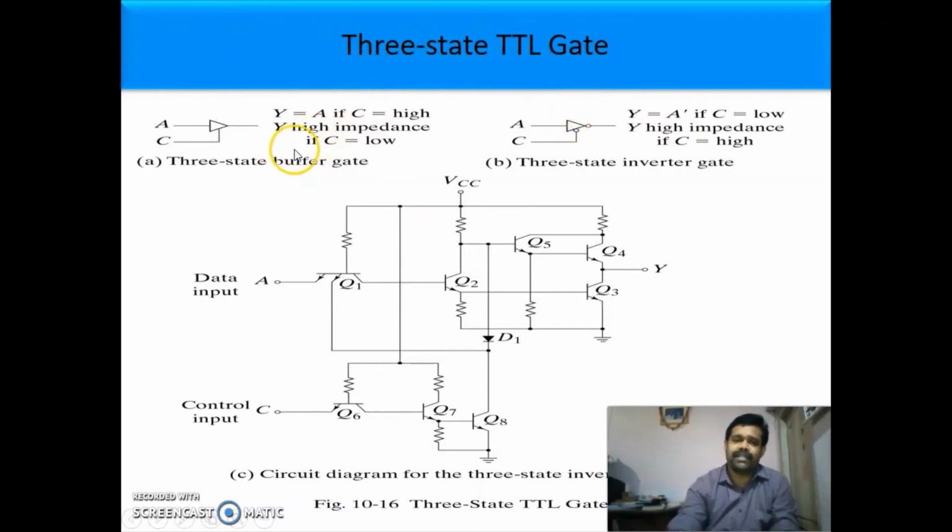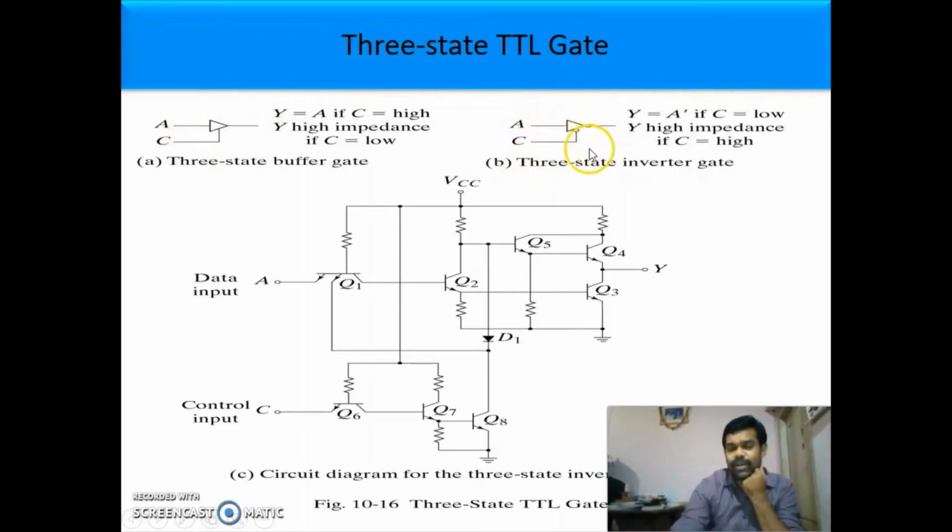The difference between them is that here the output will be enabled when C is equal to 1, and here the output will be enabled when C is equal to 0.